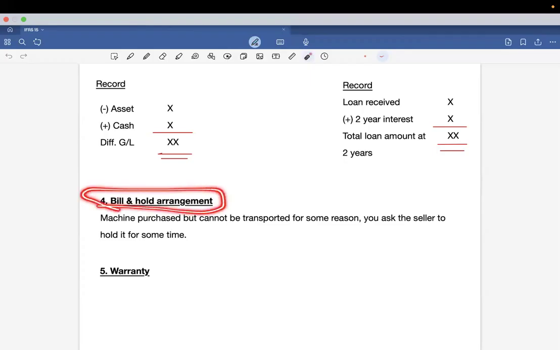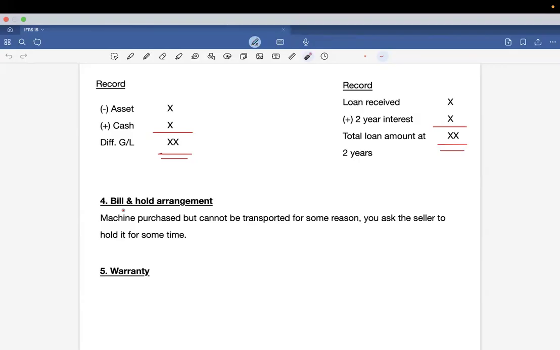So what is a bill and hold arrangement? Suppose you have purchased a machine from a company, and for some reason you don't want the company to transport that machine to your company. So you tell the seller to hold that machine for a while, and you'll tell them when to transport it. This is called a bill and hold arrangement.